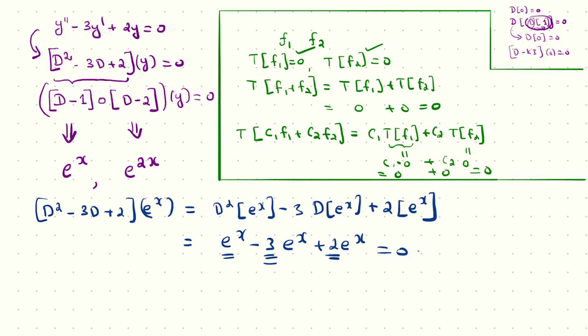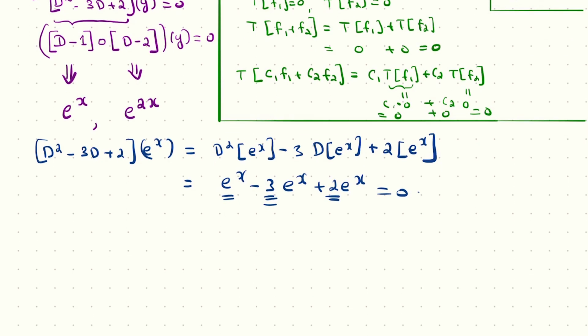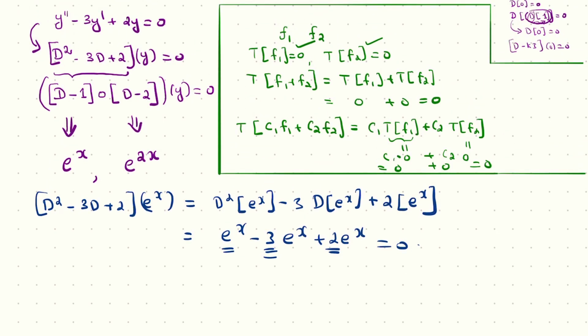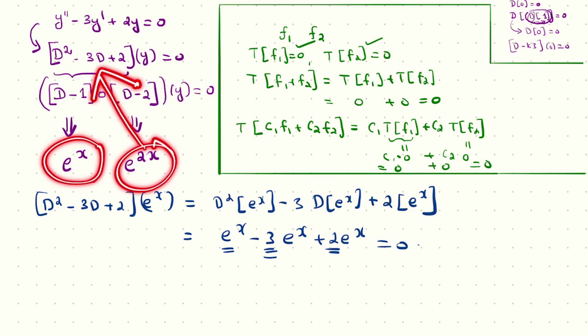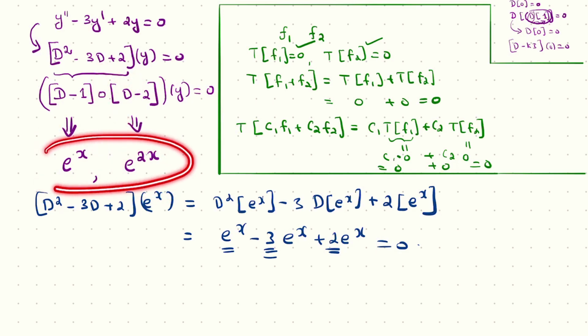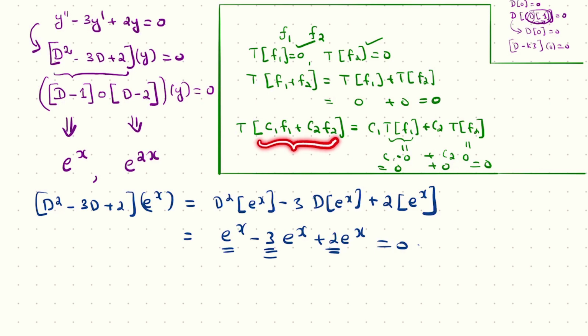So in general, what we're going to have is the following: if you know two functions which are going to be annihilated by one operator, any linear combination of these two is also going to get annihilated. What do I mean by a linear combination? A constant times the function plus another constant times the function is what we call a linear combination.